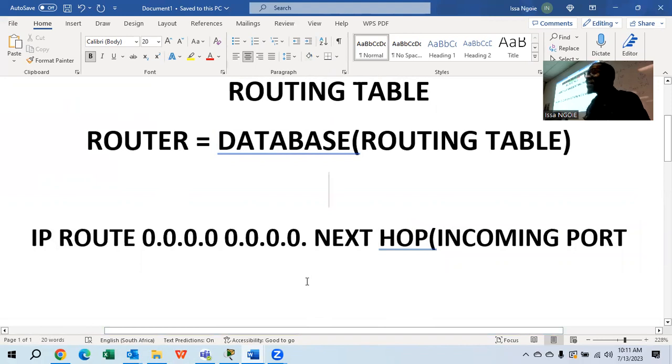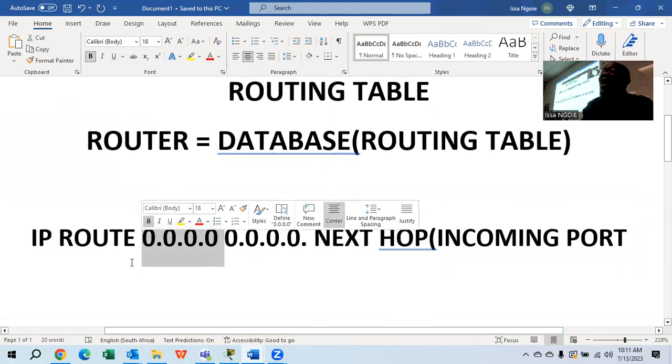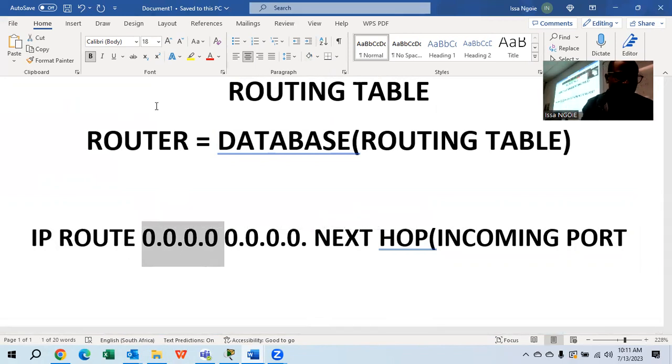So IP route, this one means any network. This is the meaning of this.